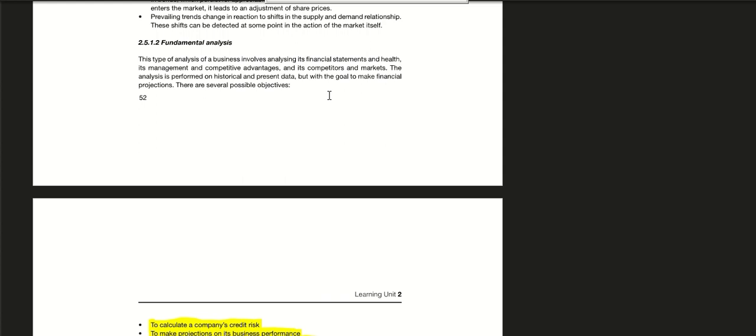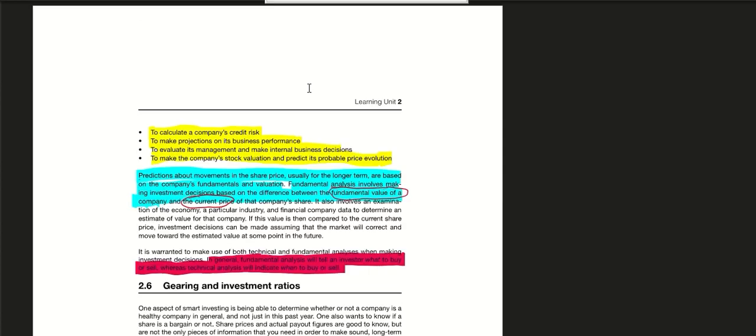They will look at all these things to see the difference between the fundamental value of a company and the current price of that company's share, right? They examine even beyond that, the economy and a particular industry. So the best way to put it is that both should be used, fundamental analysis and technical analysis.